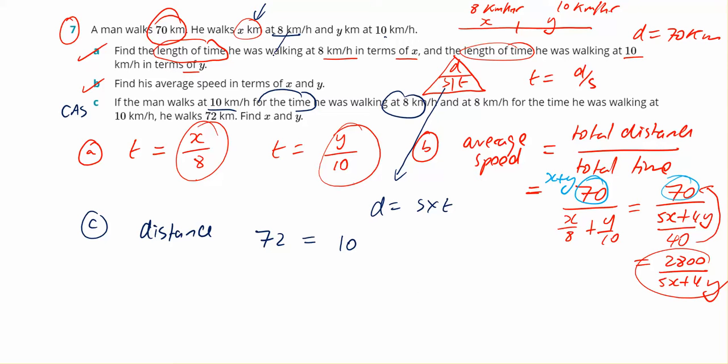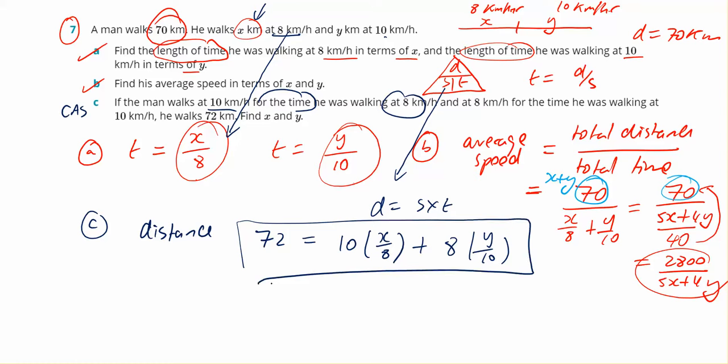So the 8 kilometers per hour correlates to this time. So we times it by x over 8. And for the second part, he's walking now at 8 kilometers per hour, but for the time, we use the time he originally was walking at 10 kilometers per hour, which is y on 10. Okay. So we formed an equation in terms of distance.